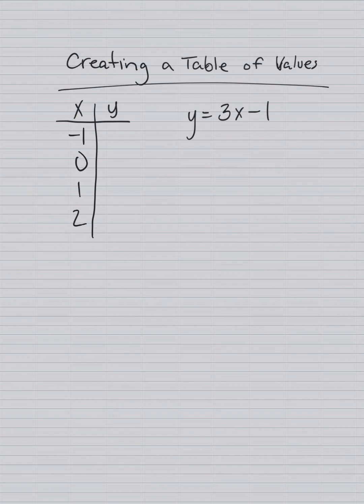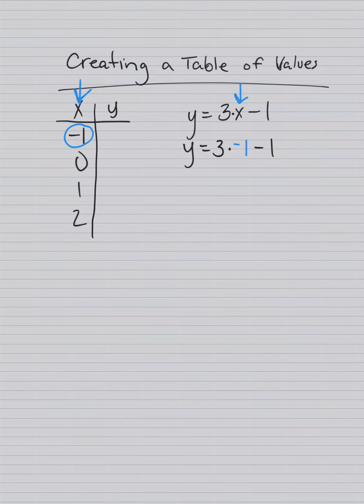So I'm going to go over to my equation, and I'm going to start with my -1, and these are my x values. So every time I go to my equation, when I see the x, I'm going to replace it with whatever x I'm working on. I'm working on -1 right now. So I've got y equals 3, and remember 3x means 3 times x, so 3 times, I'm going to replace that x with the -1, 3 times -1, and then I just drop down that -1.